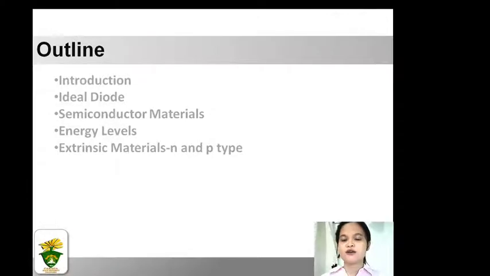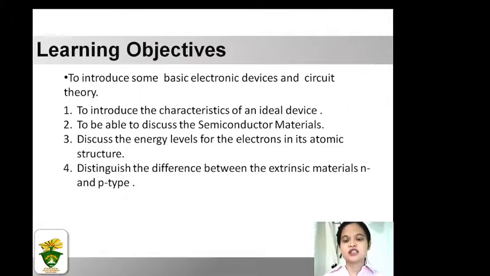The outline of our topic for today is to discuss the ideal diode, the semiconductor materials, the energy levels, and the extrinsic materials, N-type and P-type. For the learning objectives, we will introduce some basics of electronic devices and circuit theory.